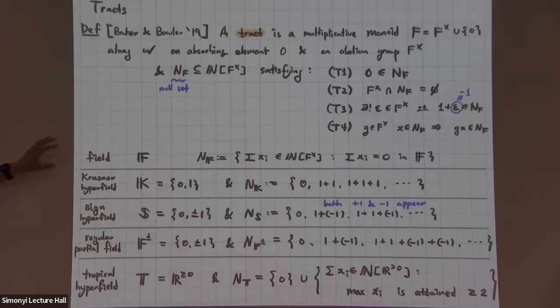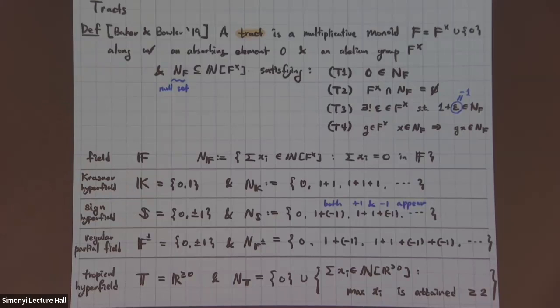If you have a given field, then as a multiplicative monoid we just follow the usual multiplication of the field, but the null set is constructed from all formal sums which sum to 0 in our original field. For the Krasner hyperfield, it has only two elements, 0 and 1.